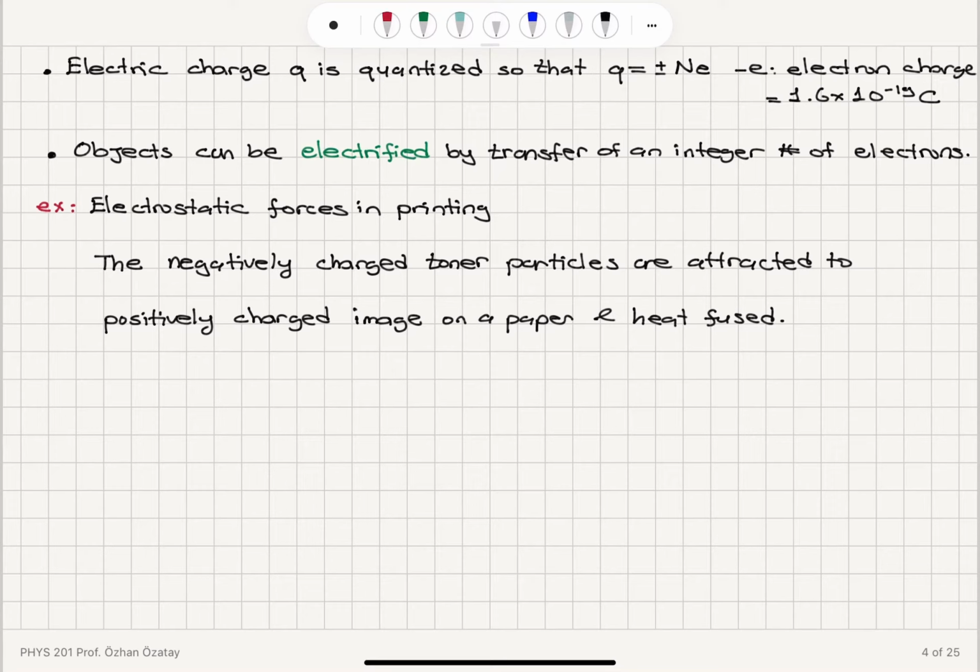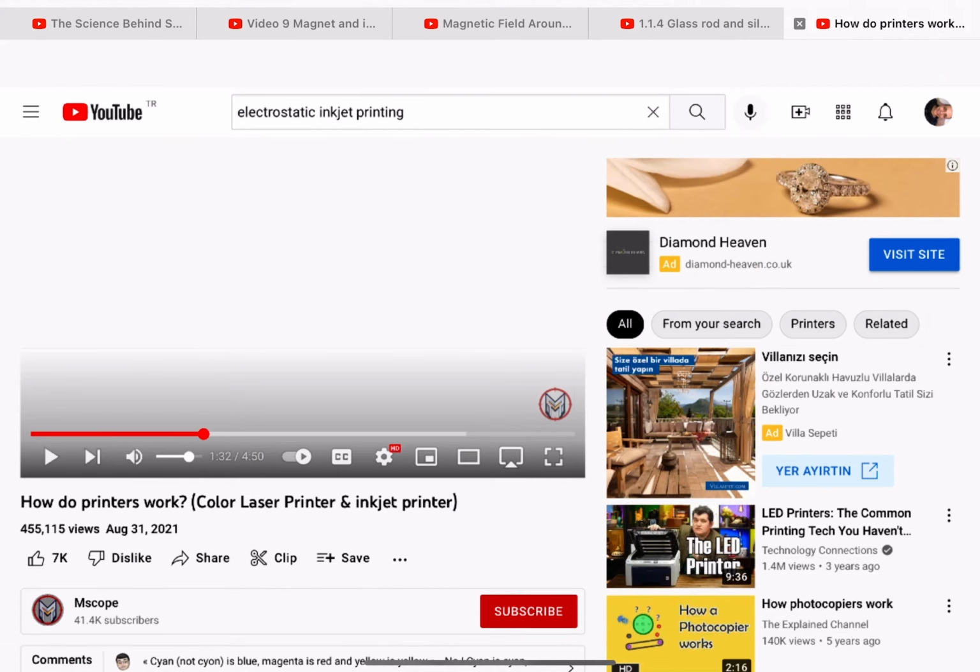Now this finds an interesting application for printing. We have electrostatic forces in printing. The negatively charged toner particles are attracted to a positively charged image on a paper, and they get heat fused to produce images. So we can see this process here.